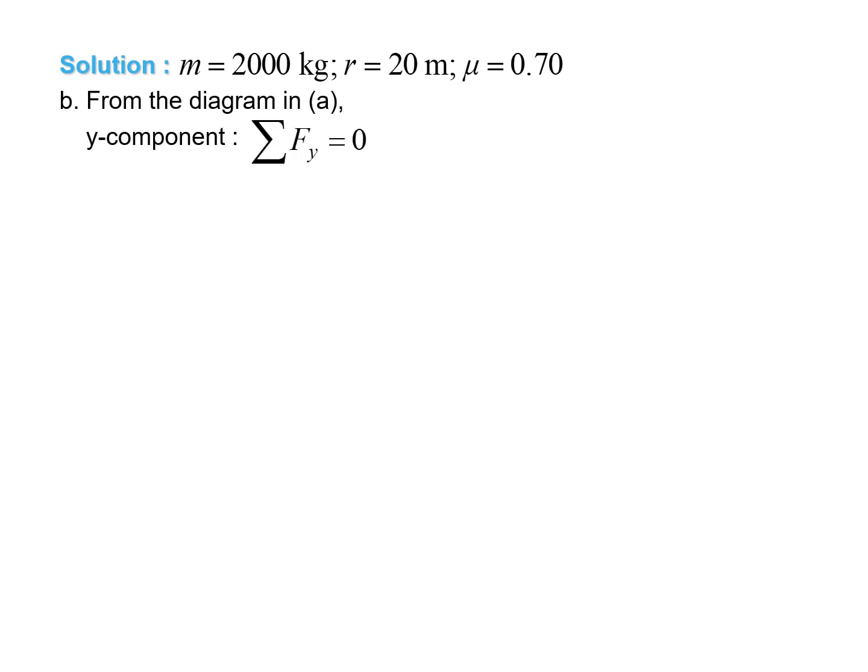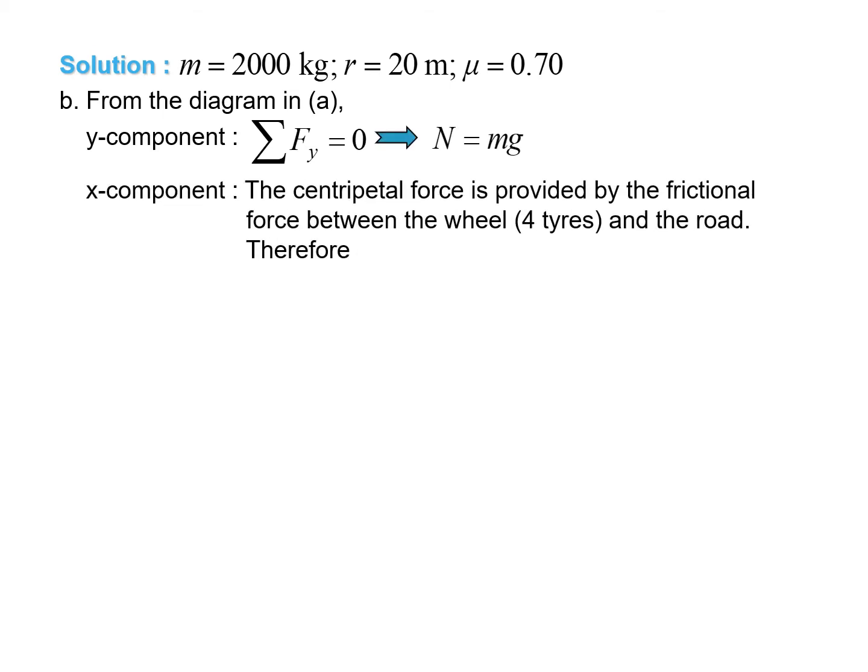Based on the diagram, for the y component, the net y component is equal to 0. Therefore we can determine the normal force, which is equal to mg. For the x component, the total x component is equal to the centripetal force, so total Fx equals Fc.